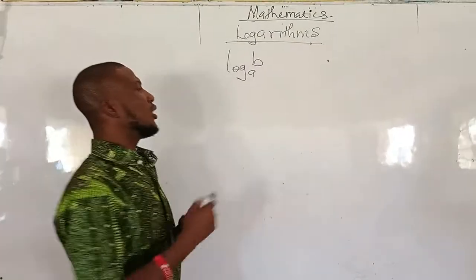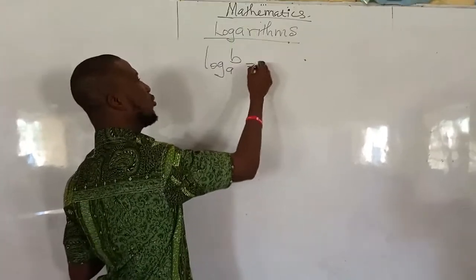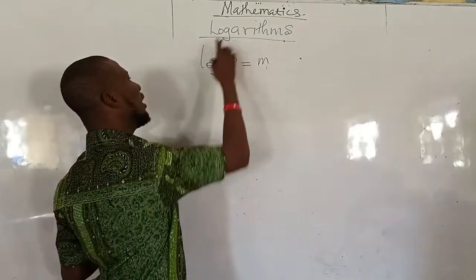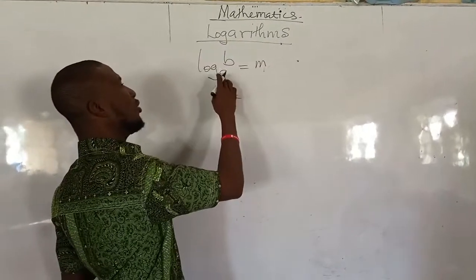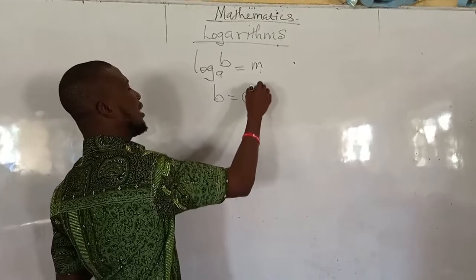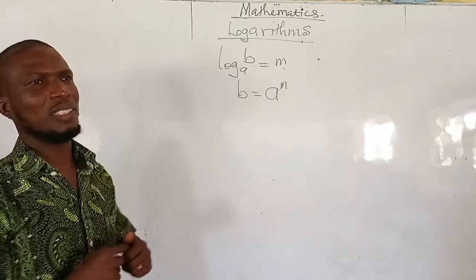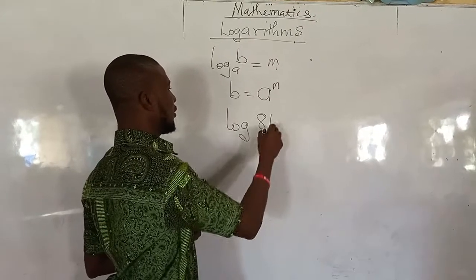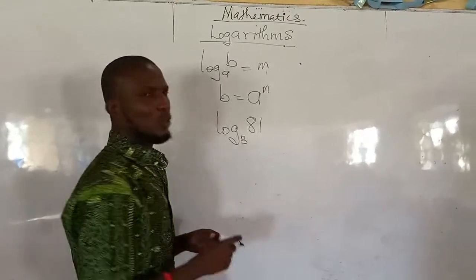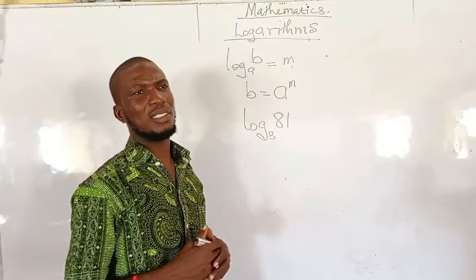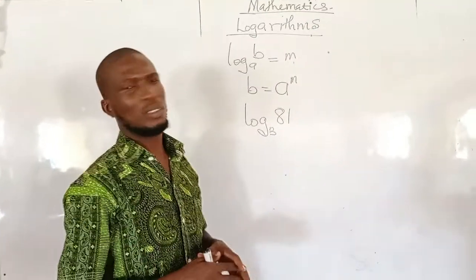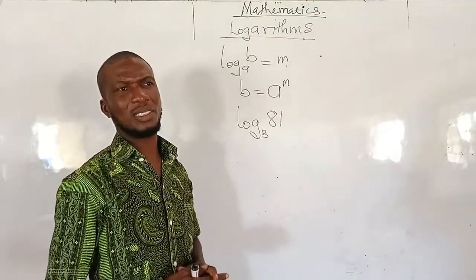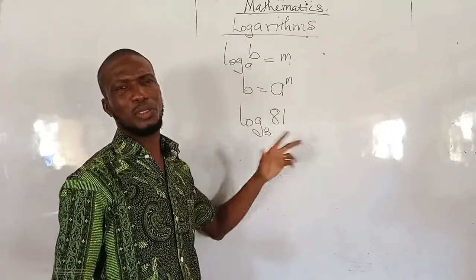So for example, if we say log b base a is equal to m, it means that b is equal to a raised to the exponent m. That is just what we are saying. If we take log 81 base 3, we are just asking what number the 3 here would raise to give us 81.